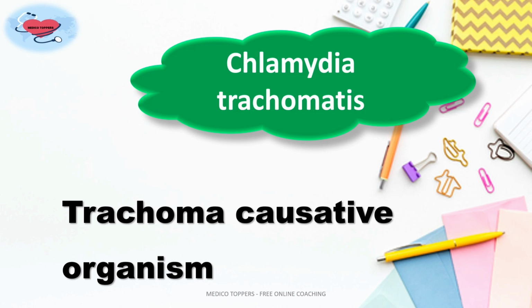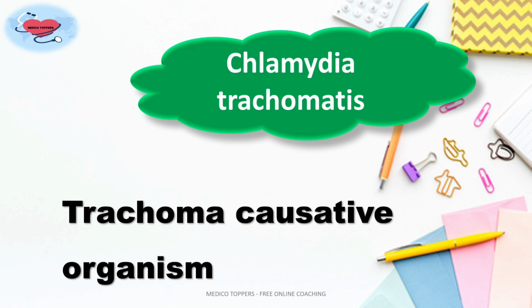Now the causative organism for trachoma. What is the causative organism for trachoma? Chlamydia trachomatis. And within this Chlamydia trachomatis we have so many serotypes, and which serotype specifically causes trachoma? A to C. So Chlamydia trachomatis serotypes A to C cause trachoma, and D to K cause inclusion conjunctivitis or chronic follicular conjunctivitis.